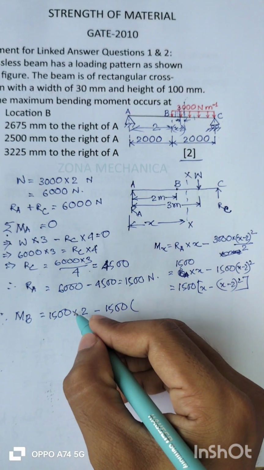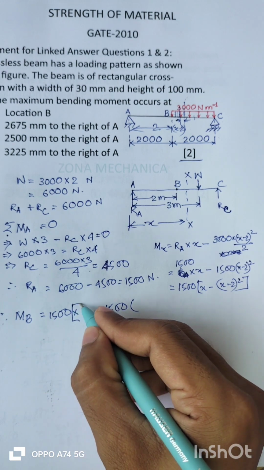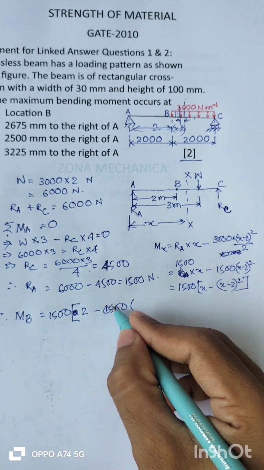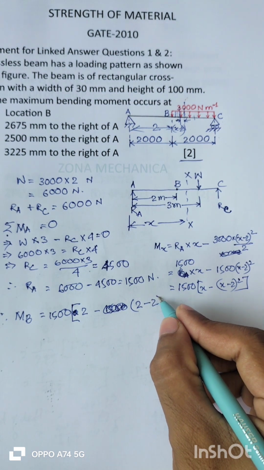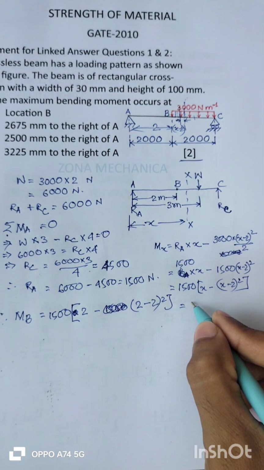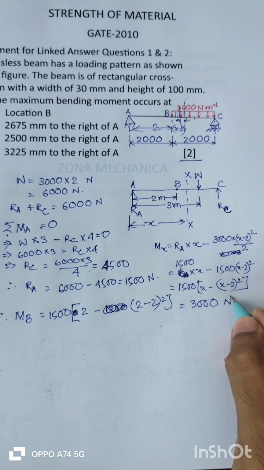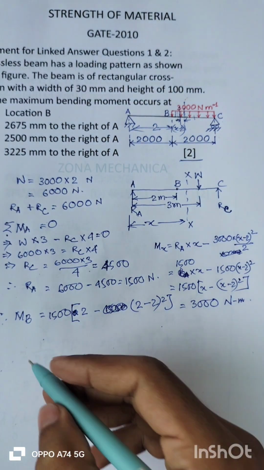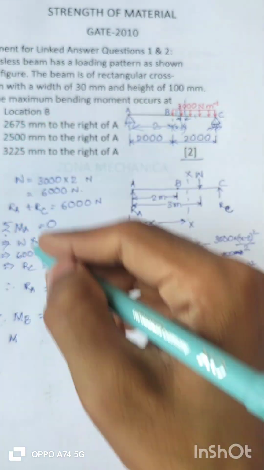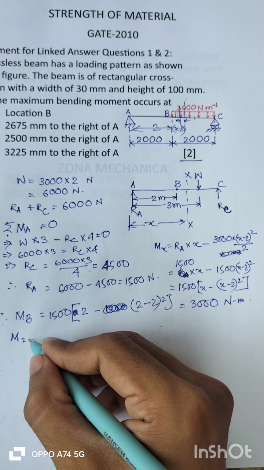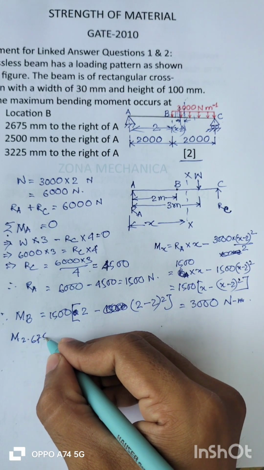Here x is 2 and 2 minus 2 whole square, so that is equal to 3000 Newton meters, MB.